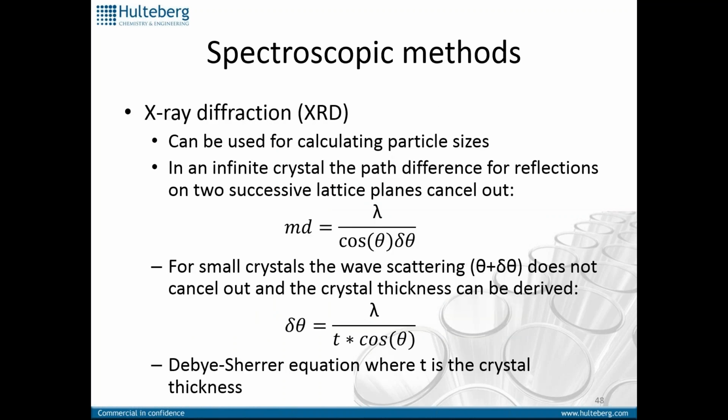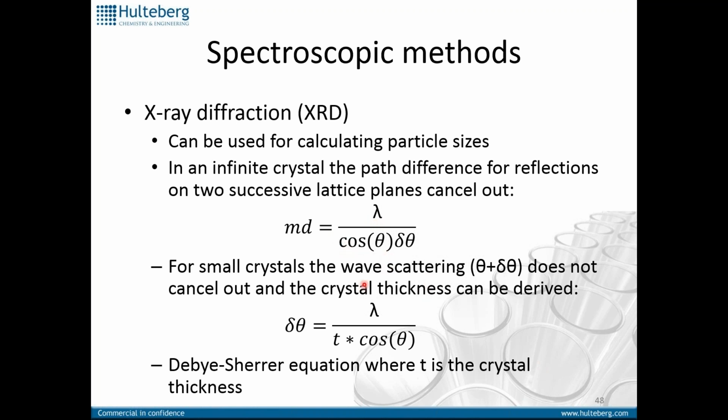And what you can also do is use it for calculating particle size. So if it's an infinite crystal or large crystals, you will get a nice reflection between the two lattice planes using this equation, where lambda is the wavelength, and this is the incident angle.